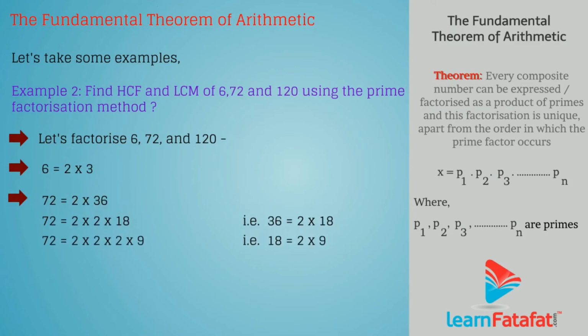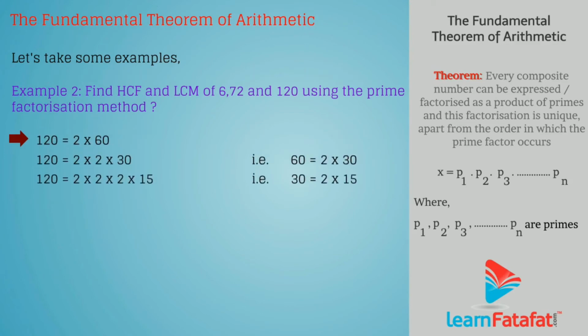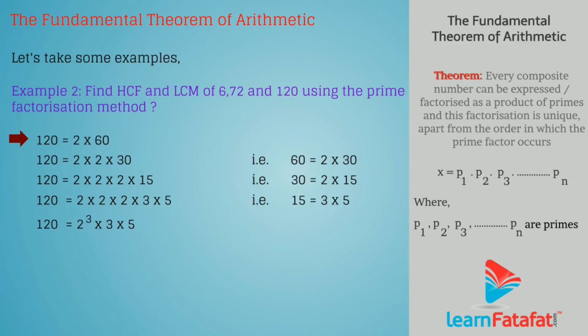By simplifying 36, we get factors of 72 as 2 cube and 3 square. Now, 120 can be factorized as 2 into 60. Then, by simplifying 60, we get factors of 120 as 2 cube into 3 into 5.